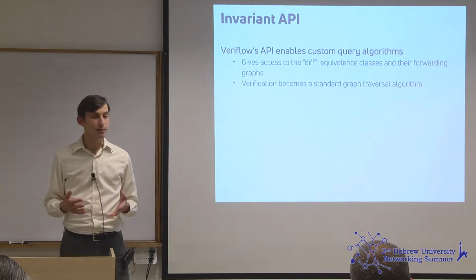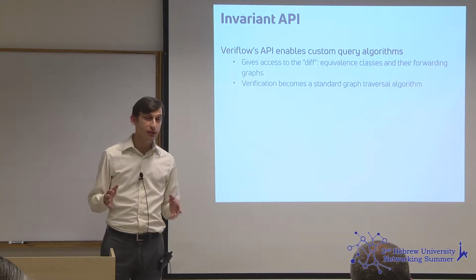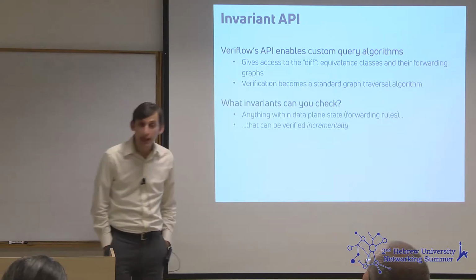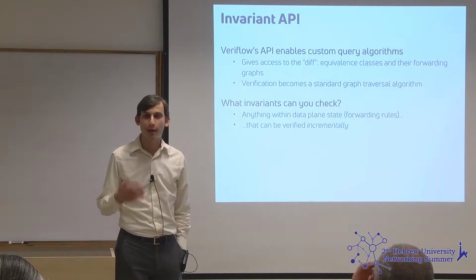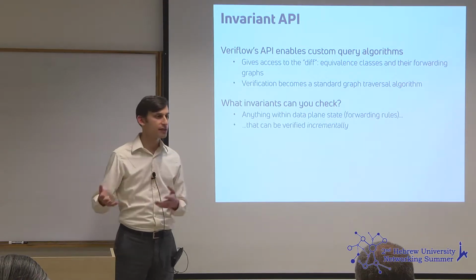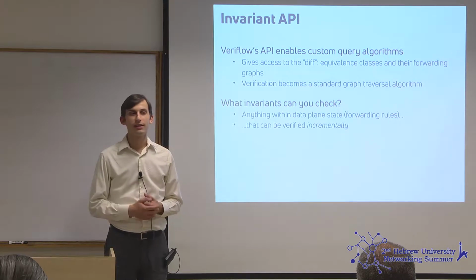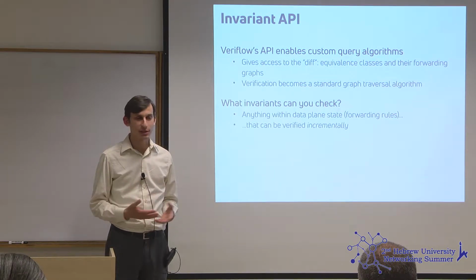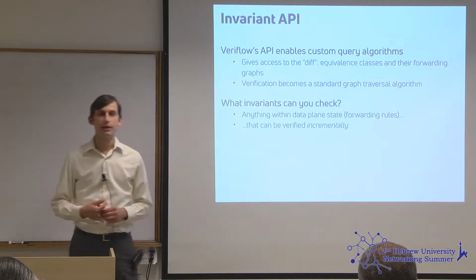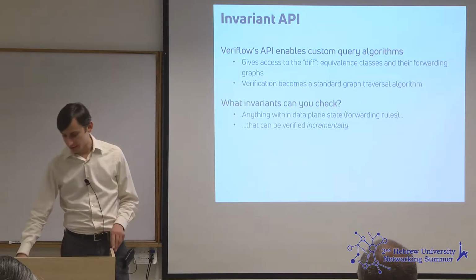So what can you compute here? Is it only reachability? It's more than reachability, right? You can check really anything to do with the data plane state. So path length, differences or inconsistencies in paths between one device and another, reachability, loops, of course. All of these are standard algorithms that you can build as library functions.